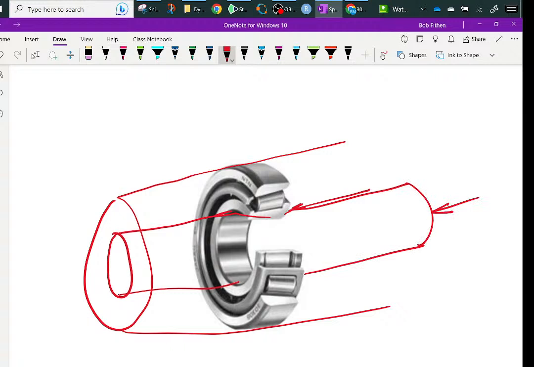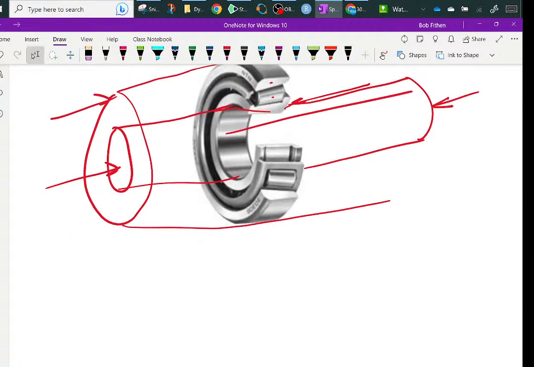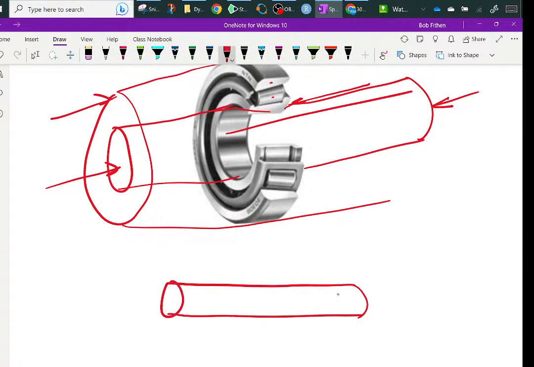You shove this thing, it's going to push this bearing against this seat, and it's going to resist. But if you shove it this way, guess what? This thing falls right out. So what you do is you take two of these and you stack them. Say you have an axle and you want it to be supported. Again, I'm not a great drawer. It's sitting in a sleeve, and you put a tapered bearing like this on it, and then you put a tapered bearing like that.